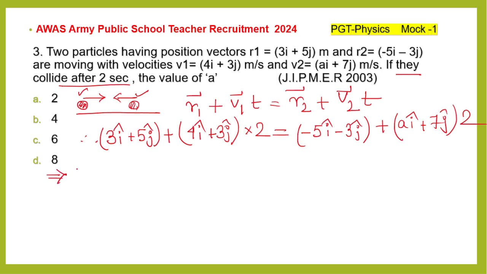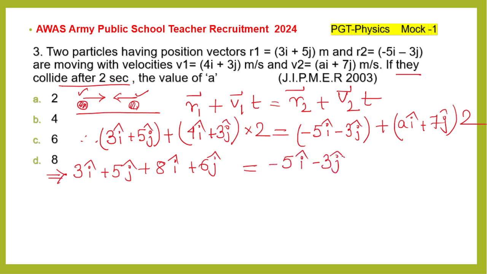Solve this one. 3i plus 5j plus 8i plus 6j is equal to minus 5i minus 3j plus 2ai plus 14j. If we calculate this one, it gives the value of a. So option number D is your correct answer.